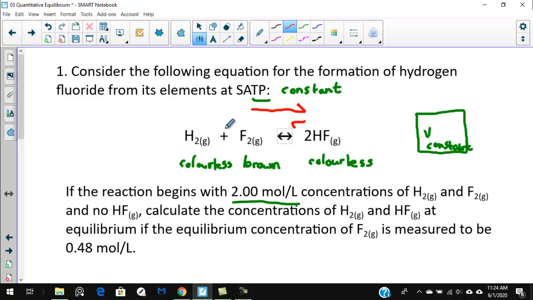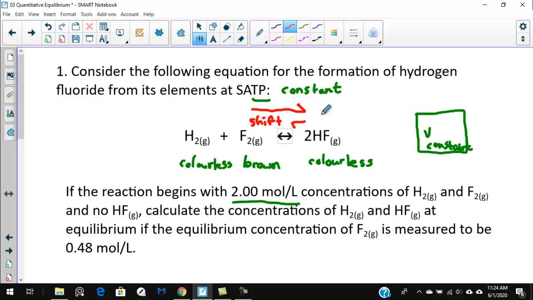Now, that means that overall, we're going to see a shift in these concentrations from the reactants toward the products. Eventually, the forward and reverse reactions will come out to be equal. But at the beginning, since there's only reactants present, the reaction will shift in the direction of products, is what we say.